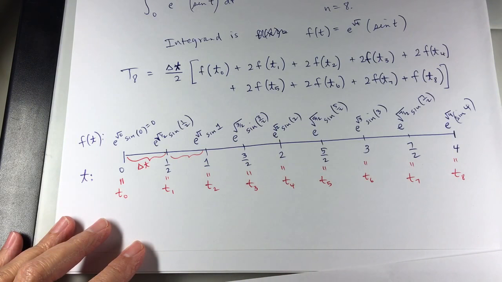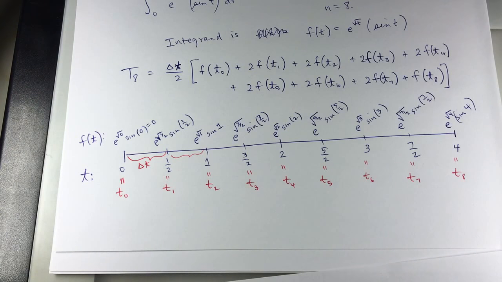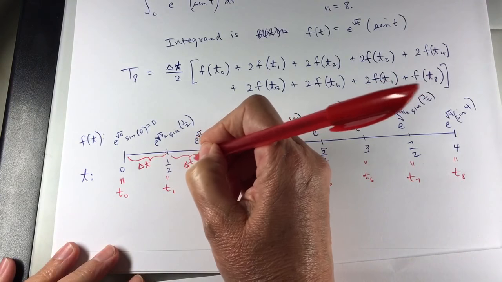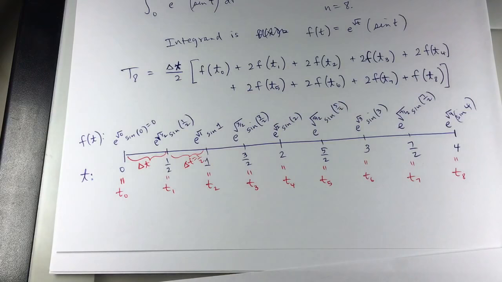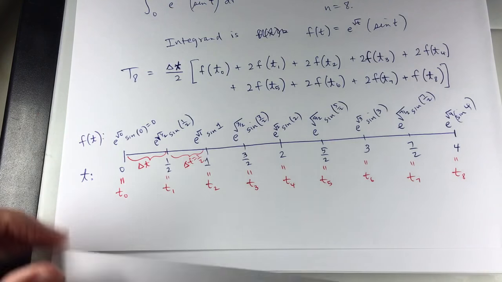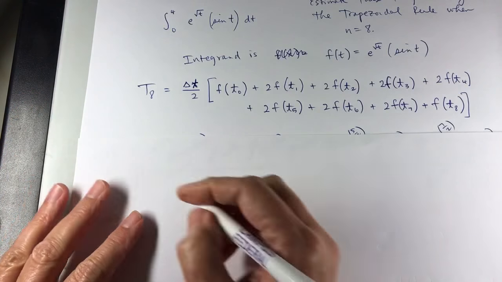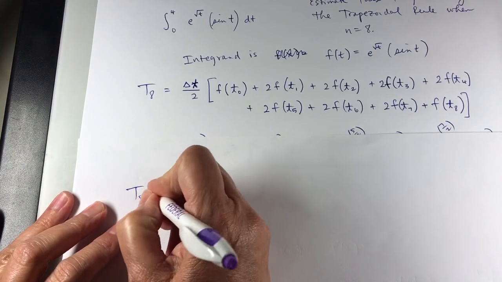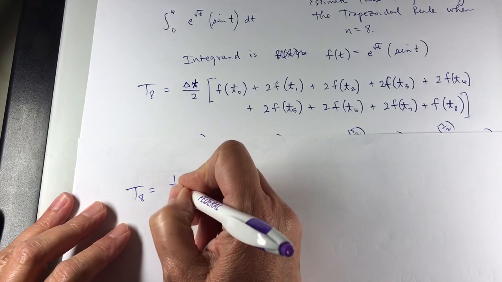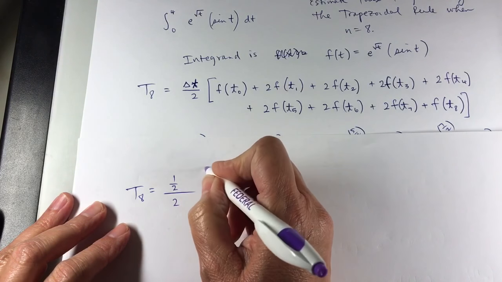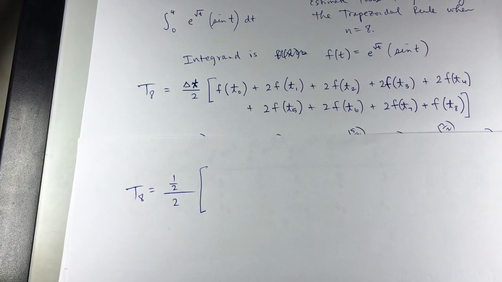That's 1/2 on all of them. So for my problem, I'm going to end up with T sub 8, delta t is 1/2, that's 1/2 over 2, so that'll reduce to 1/4. But maybe I don't want to reduce it.